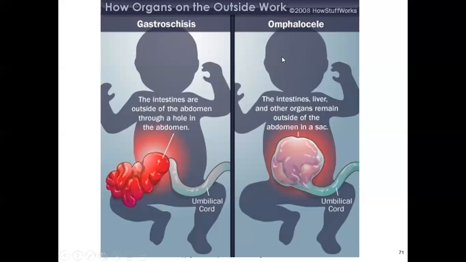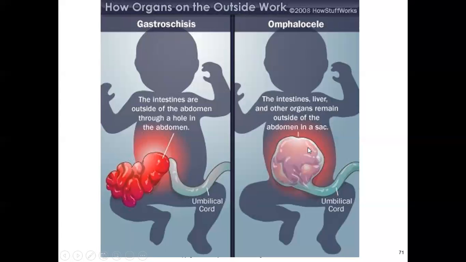And omphalocele, the intestine, liver, or other organs remain outside the abdomen in a sac. But here, there is no sac. So if I compare and contrast gastroschisis and omphalocele, gastroschisis occurs to the right of the umbilicus and hence the extruded bowel is uncovered.